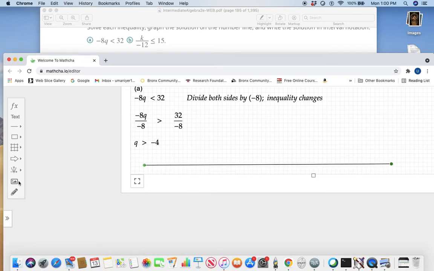Okay, that's your number line. Negative 4 is somewhere here. It is not included, so this is an open point, and q is greater than, so it's to the right of negative 4.